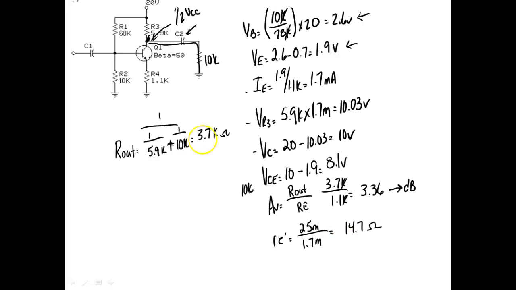So up here, instead of using 3.7K, if we bypassed it, we would use 14.7 ohms. You can see how much more the gain would be. But we sacrifice input resistance, right? Okay, guys, anything next?